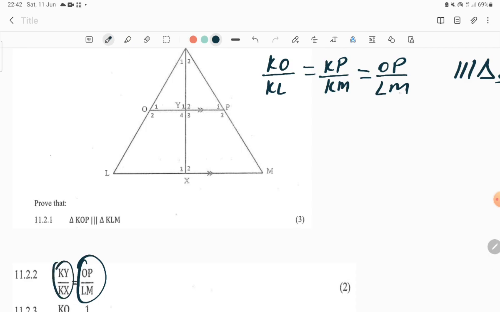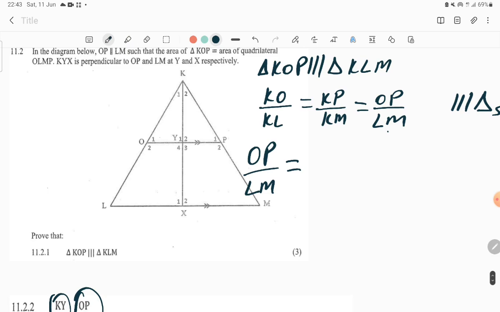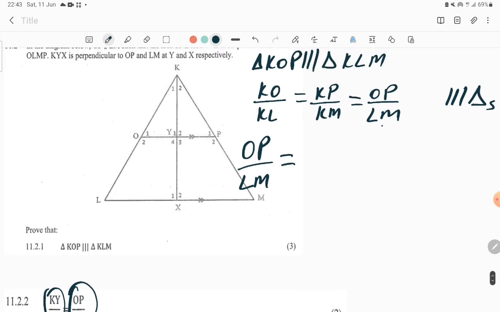So we need now to take into consideration that we are having OP over LM, which is equal to, let's take KO. Let's rub this one for now, I don't have a reason for now.